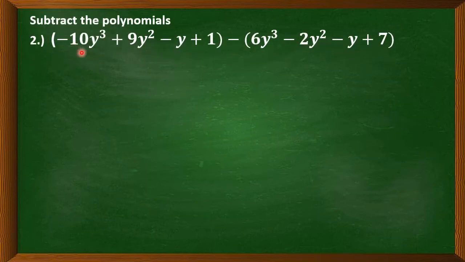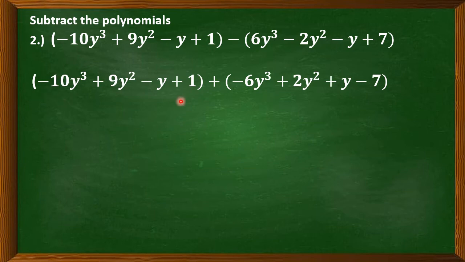Now let's have the second example. Quantity of negative 10y cubed plus 9y squared minus y plus 1 minus quantity of 6y cubed minus 2y squared minus y plus 7. Just like what we did in example number 1, we have to copy first the minuend. Just copy. And the subtraction sign will be changed to addition.